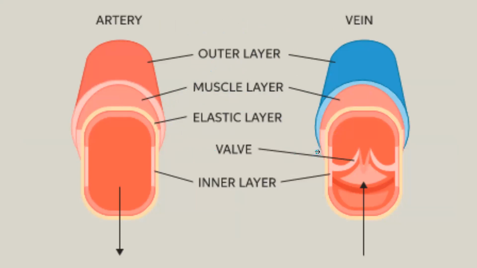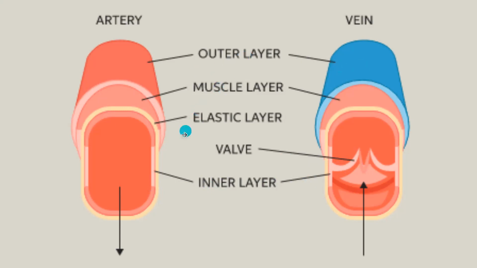All blood vessels have endothelium, which is a layer of flattened epithelial cells. That single layer of cells has a smooth surface that plays a role in decreasing resistance to blood flow. The inner layer is also known as the tunica interna, and the outer layer is the tunica externa.